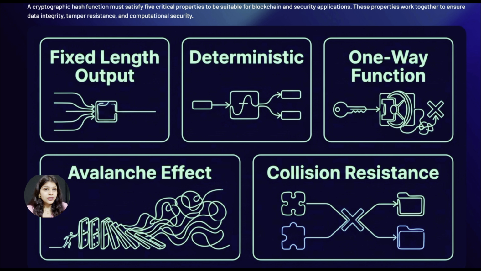Avalanche effect: you just saw that an uppercase H versus a lowercase h gave totally different results, so even a small change can give a great difference in the hash value. And collision resistance: the hash of A will have a different hash value from the hash of B. No two different inputs will have the same hash value.